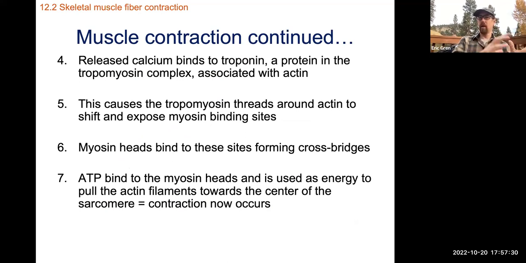Okay, so we've got calcium getting released from the sarcoplasmic reticulum into the sarcoplasm, the cytoplasm of the cell. Calcium ions are going to bind to troponin. And troponin is a protein that's kind of acting like a hinge.